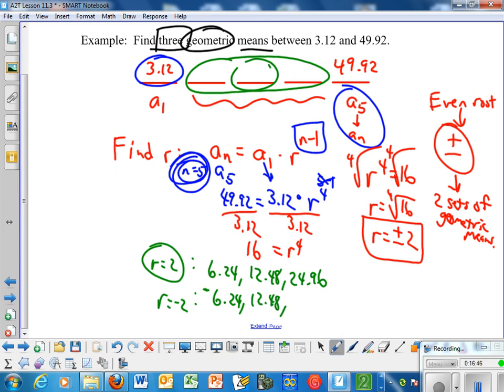But now I'm going to take 12.48 times negative 2, that's going to make this one negative. It causes the signs to alternate. So I have two sets of geometric means, and this is a common mistake that I see people forget to put the negative on there when they're doing an even numbered root. Okay, so make sure you are aware of that, which would create two sets of geometric means.